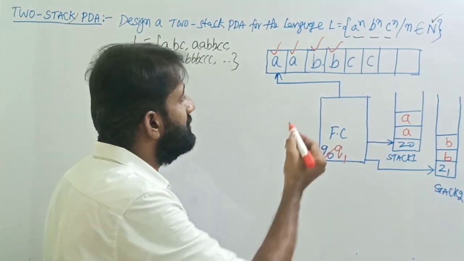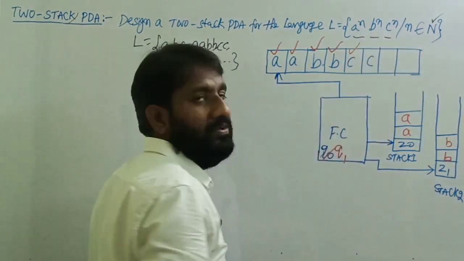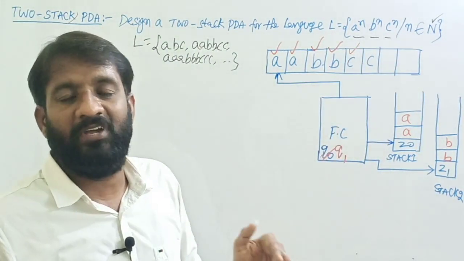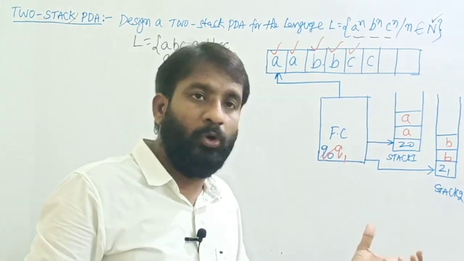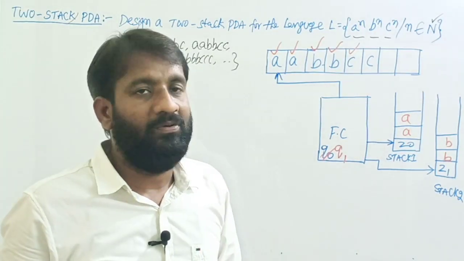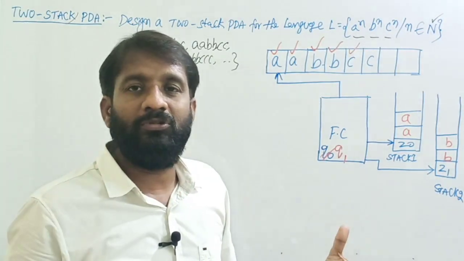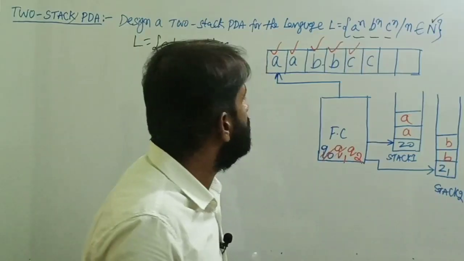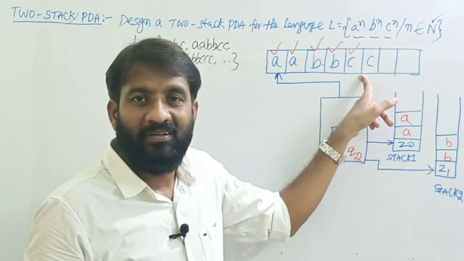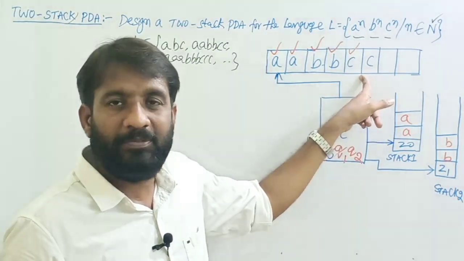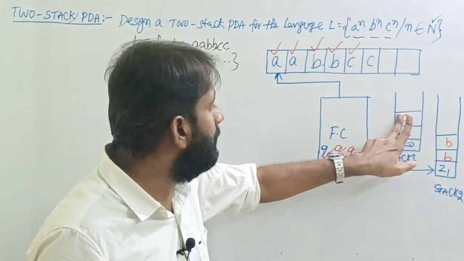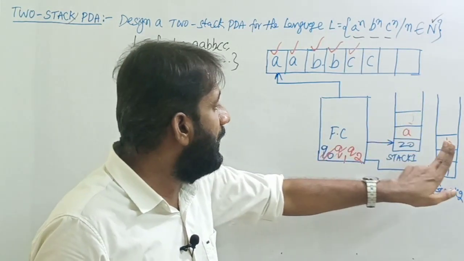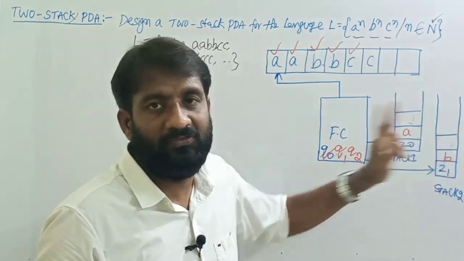Then next input symbol is C. As per the logic, for every C we are going to remove one element from both stacks. Okay, we are going to remove the top elements from both stacks. So for C we do the pop operation, removing the top element from stack 1 and the top element from stack 2.